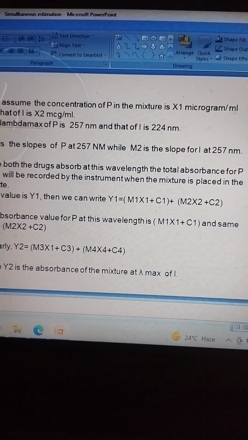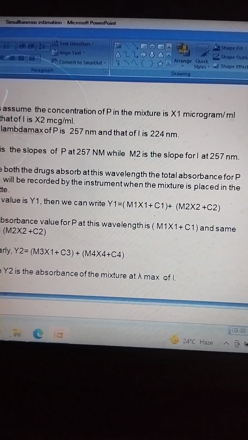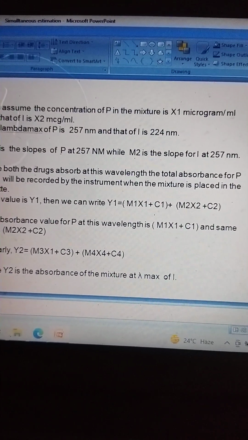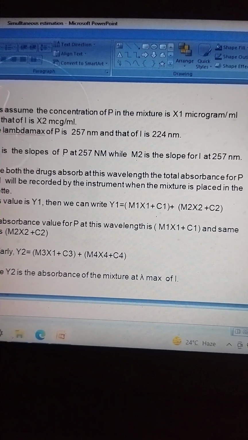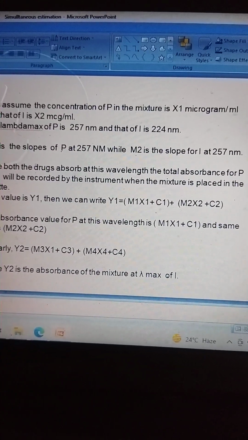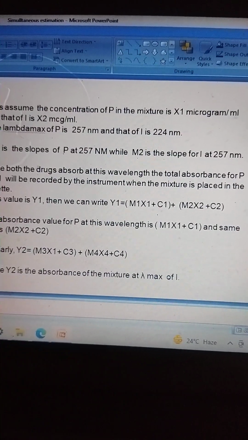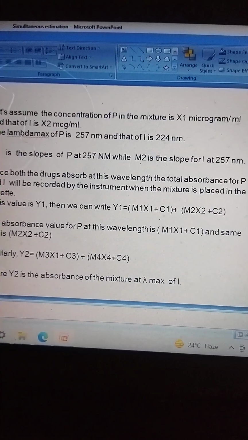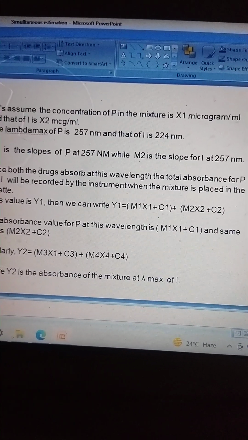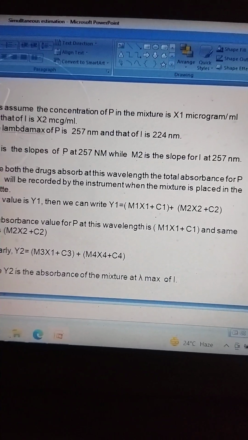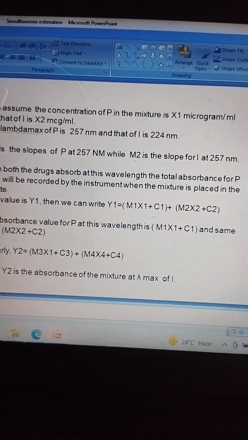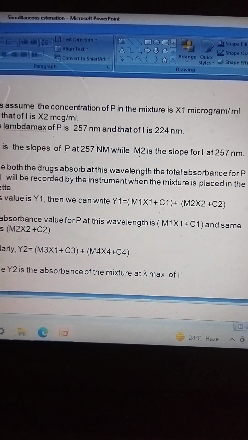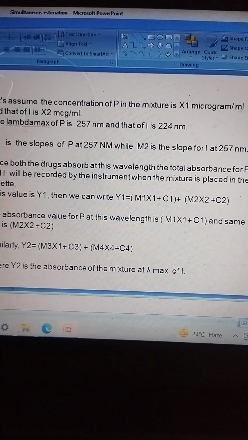I have taken X1 as the concentration of paracetamol and M1 as the slope. Slope means the absorbance for unit value. So M1 multiplied by X1, that is M1X1 plus C1, which is the constant, is the contribution for paracetamol. Similarly, M2X2 plus C2, placed within another bracket, is the contribution of ibuprofen.